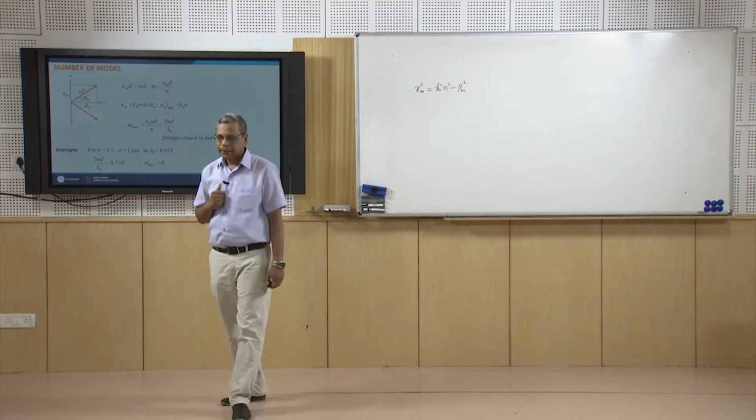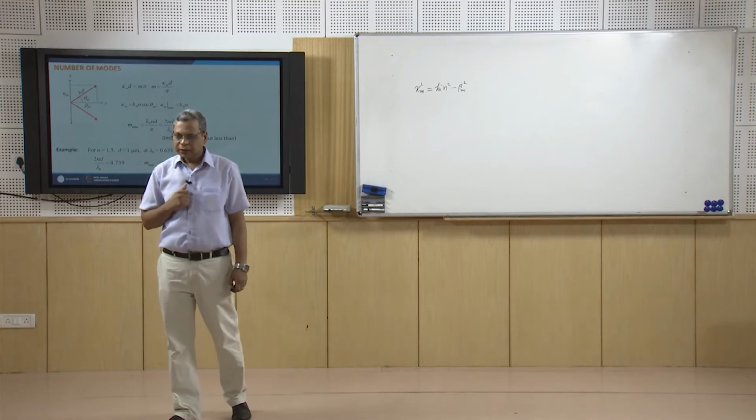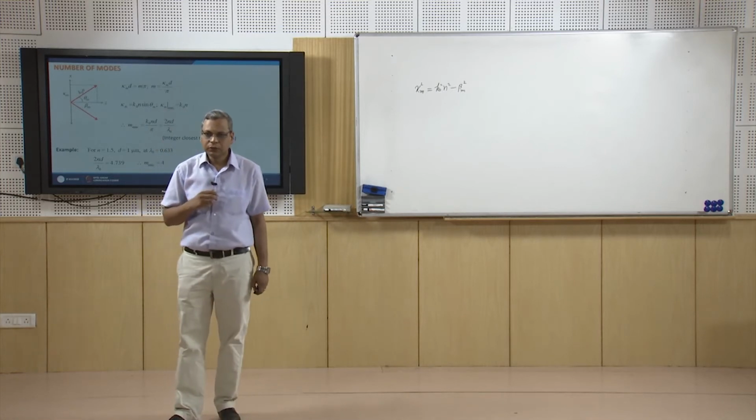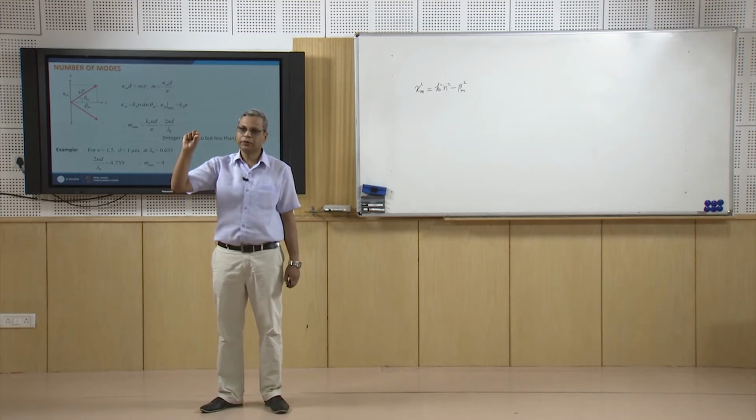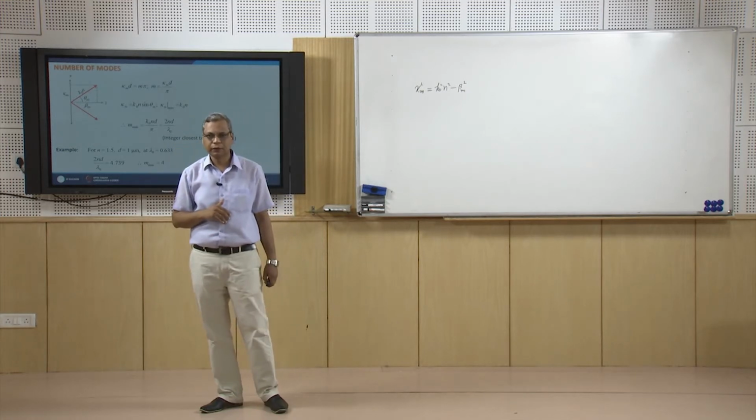For one, it is not feasible to make this waveguide, where you have a 1 micrometer film of a certain material and you deposit metal on top and bottom of that and use it.